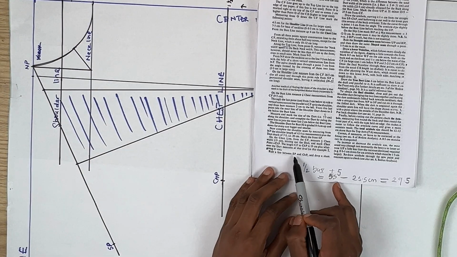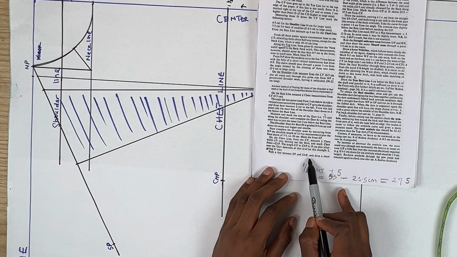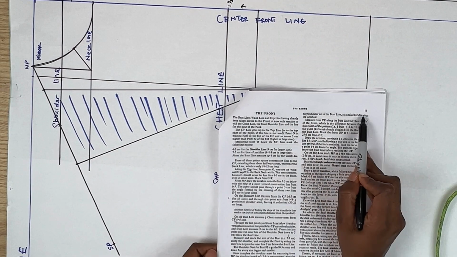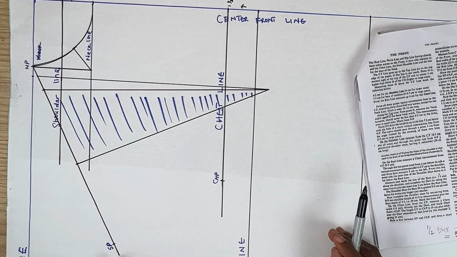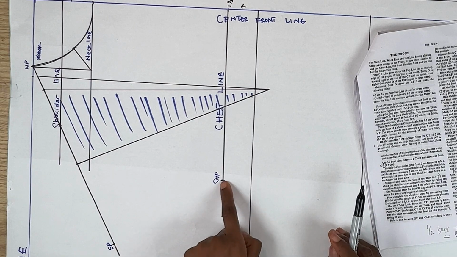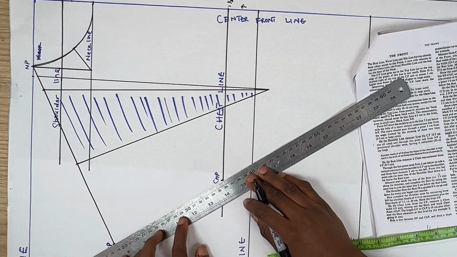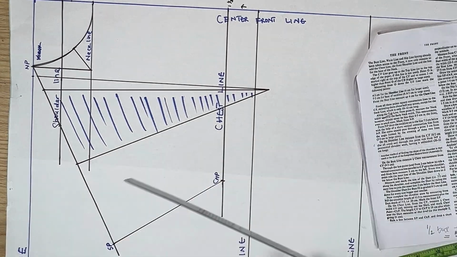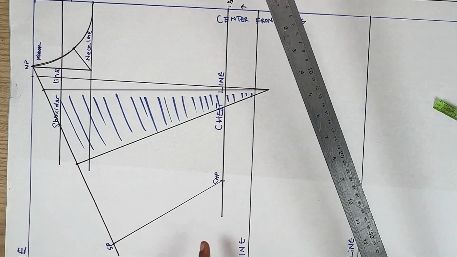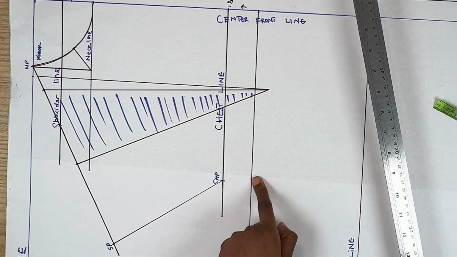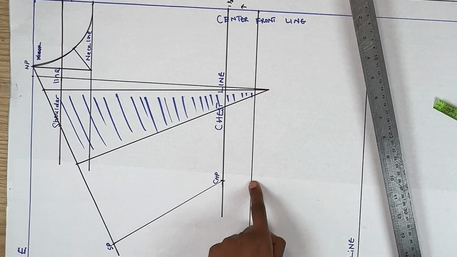Now rule a line between SP and CHP and drop a short perpendicular on the bust line as a guide for drawing the armhole. So we're connecting this point to this point right now. Once we've done that, they said drop a short perpendicular on the bust line.